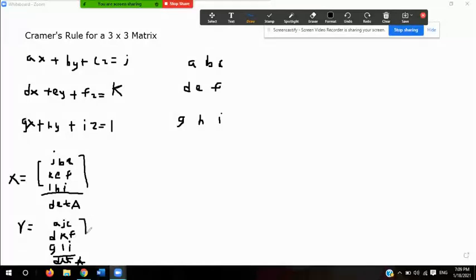I apologize for this taking so long, but I'm just getting the Zoom to cooperate with me to find the Z, because this is a 3 by 3 matrix.